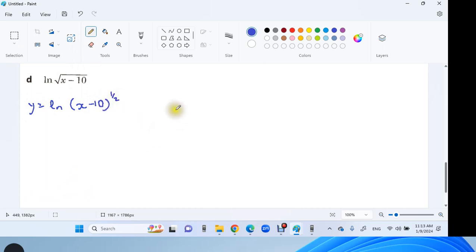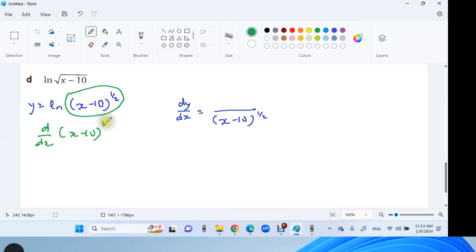Then the dy dx will be over x minus 10 to the half. And then this one, we want to differentiate d by dx for x minus 10 to the power of half. It will become half times x minus 10 to the negative half, times 1.